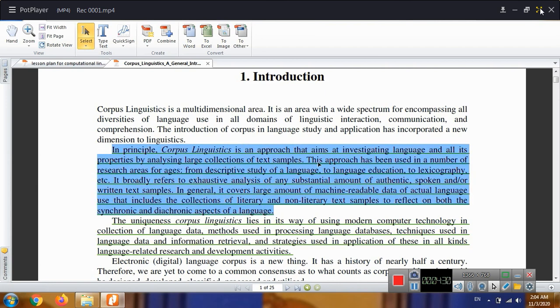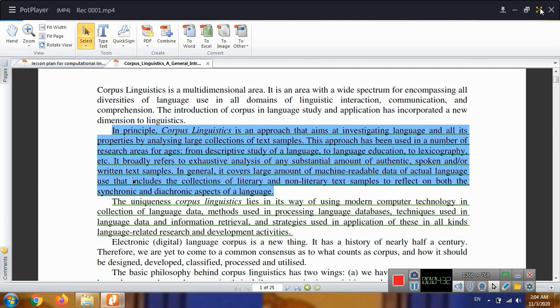We specified them for you. Okay, this paragraph is not important for your final exam, but those which are specified with the line, you should know all of them.